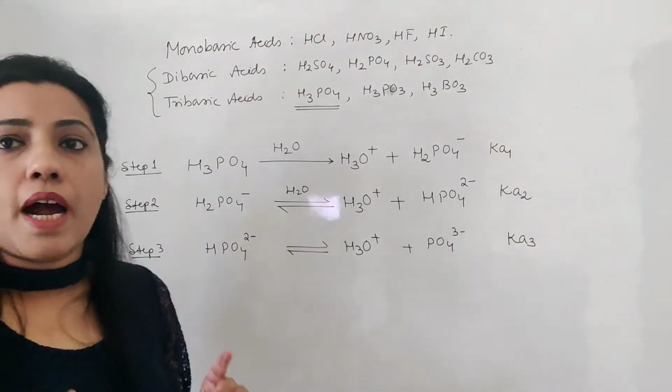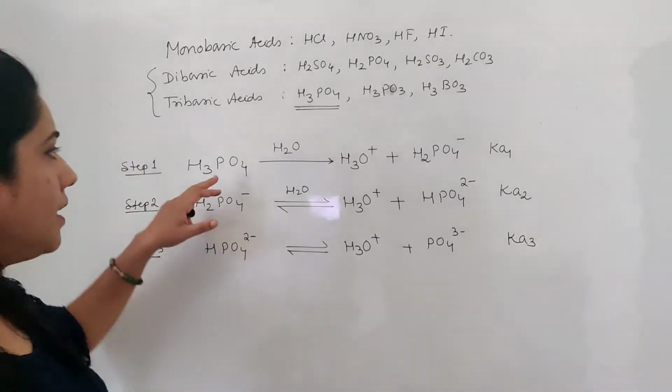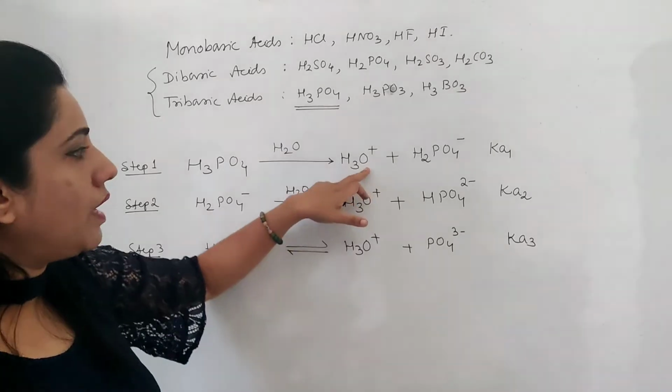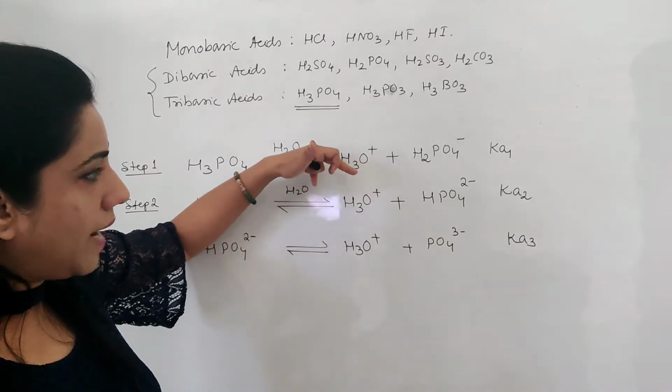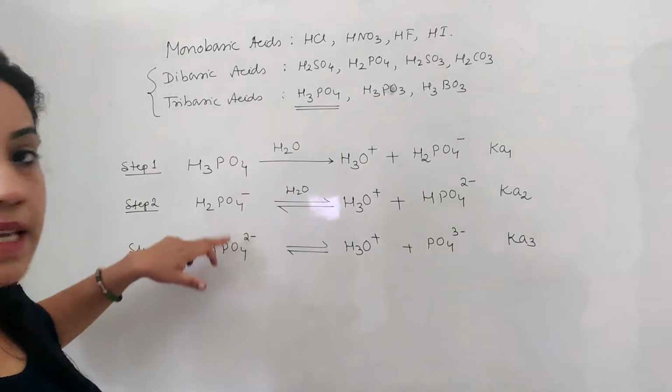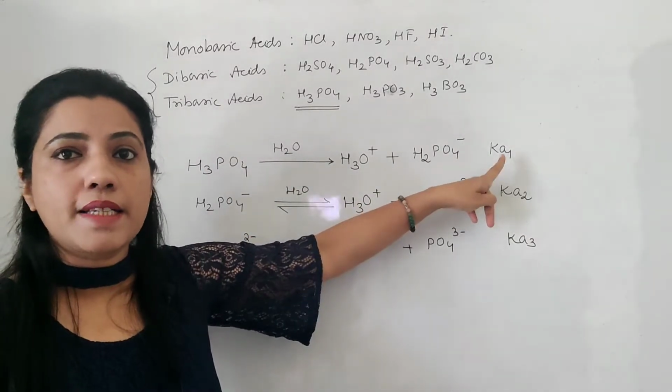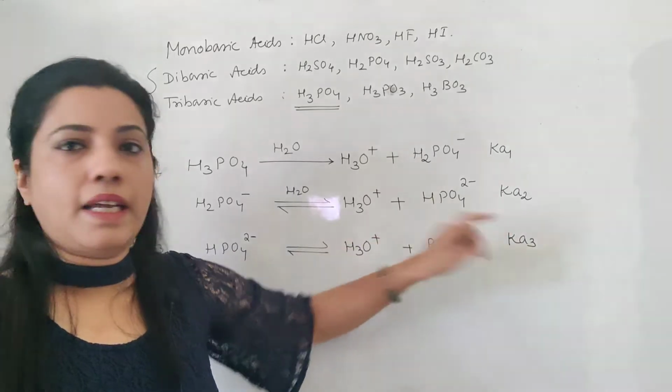So we have taken a tri-basic acid, we have liberated the H plus one by one, so we eliminated all the H plus from the acid in 3 different steps, and for each and every step we got the equilibrium constant as Ka1, Ka2 and Ka3.